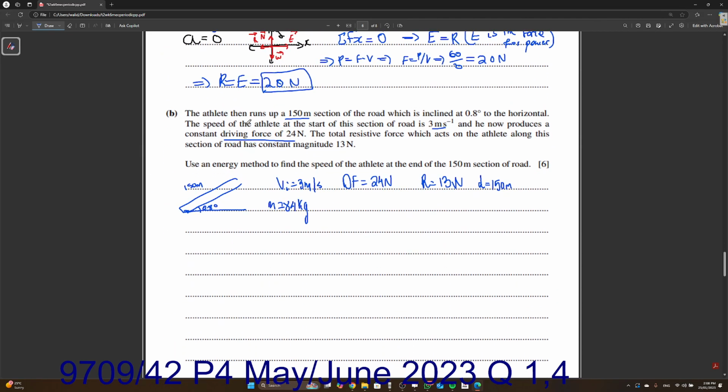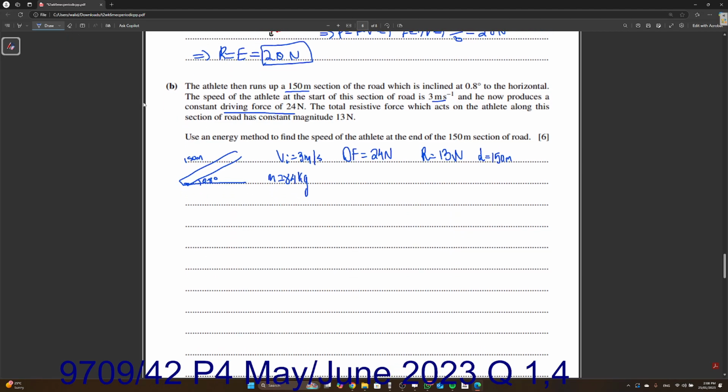Okay, so what's important? When we're relating potential energy with height and kinetic energy with velocity, we always do mechanical energy 1 is equal to mechanical energy 2. That's if there's only weight acting, if you have no resistance force, nothing else happening. But here, what did we add? We added 2 new things.